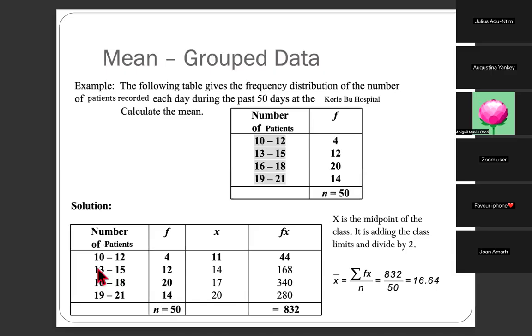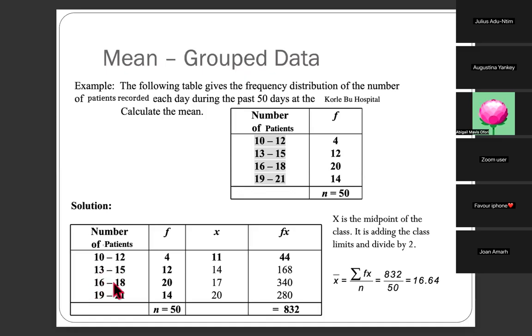Then when we move here, 13 plus 15 gives us 28, divided by 2, we get 14. Class midpoint means that we are looking at the middle point in these two values. And to find the middle point in these two values, you find their average.